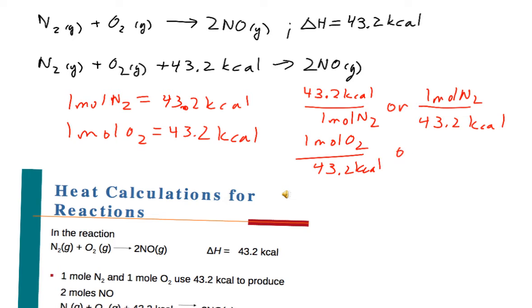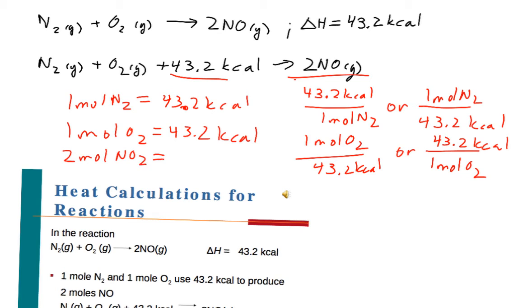And it's important to realize this is in the context of this one reaction, right? The relationship between oxygen and energy would be different in every single reaction you're doing. These energy values are reaction specific. I know the relationship between energy and my nitrogen monoxide. I know that 2 moles of nitrogen monoxide are equivalent to 43.2 kilocalories of energy. So I can get two relationships from that.